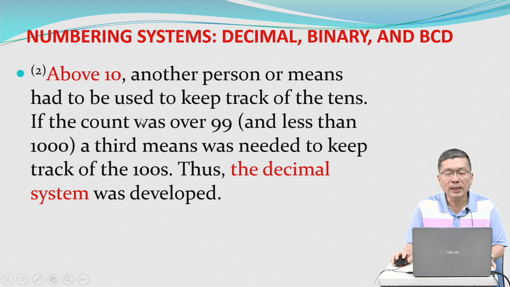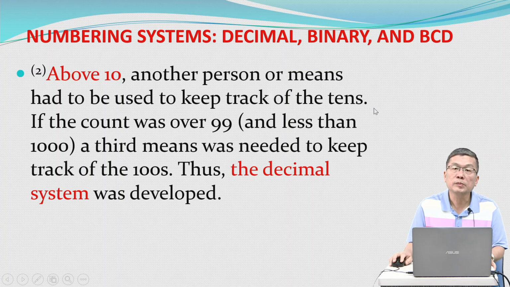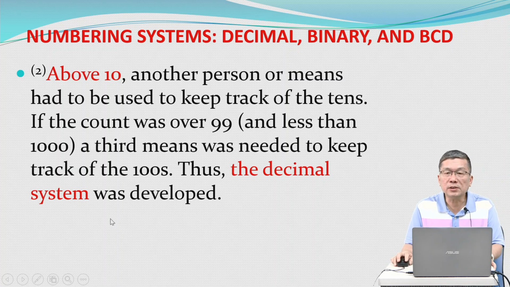Above 10, another person or means had to be used to keep track of the tens. If the count was over 99 and less than 1000, a third means was needed to keep track of hundreds. Thus, the decimal system was developed.